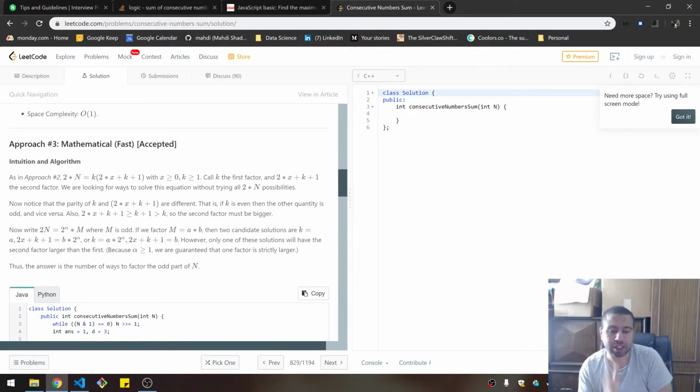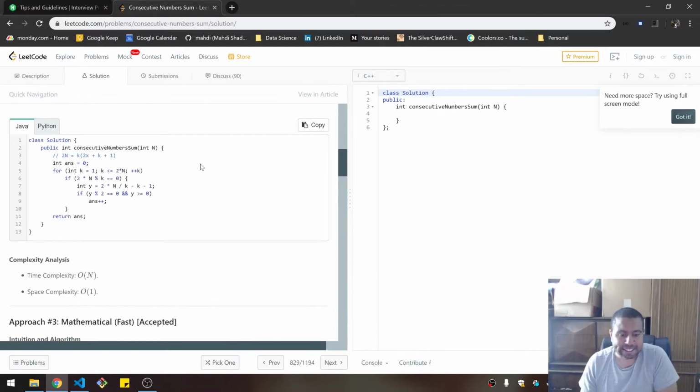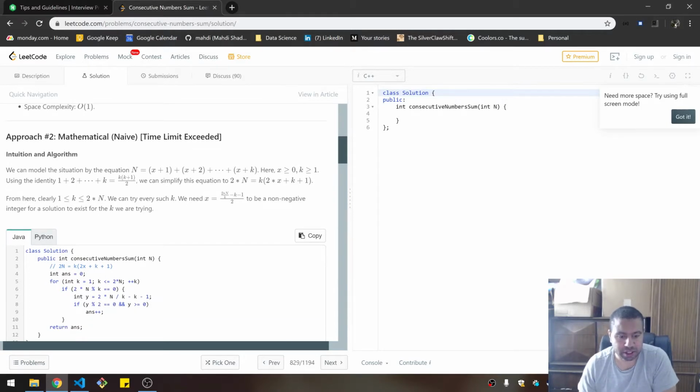Mathematical, yes. So this is exactly what I'm talking about. This problem has been done before, of course. Looping it is definitely excessive, and I definitely did not want to do that.